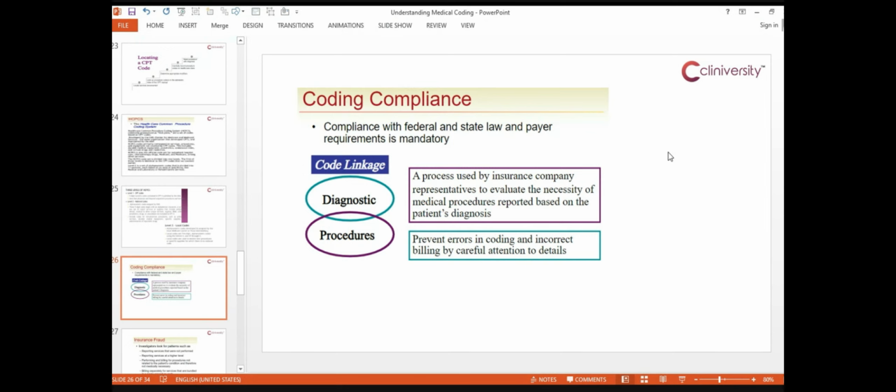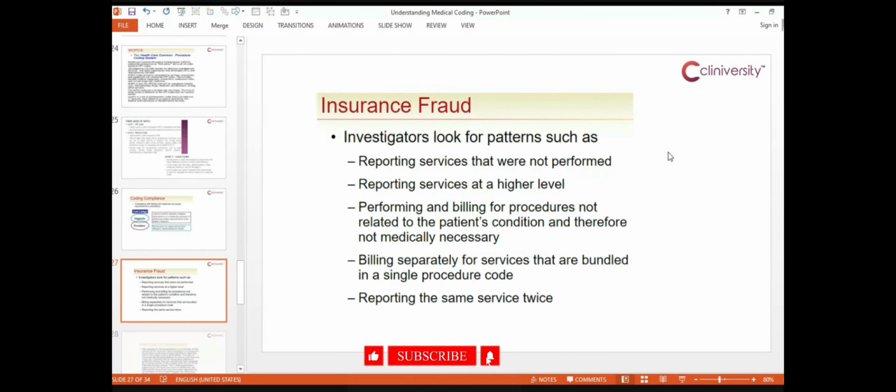So there is code linkage between the assigned codes for a patient's medical condition, whether under diagnosis or under the procedures and services provided to them. It is a process used by insurance company representatives to evaluate the necessity of the medical procedure reported based on the patient's diagnosis. Procedures prevent errors in coding and incorrect billing by careful attention to detail. This is what is considered under code linkage.